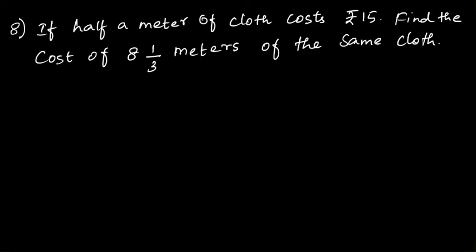8th question. If half a meter of cloth costs ₹15, find the cost of 8 1/3 meters of the same cloth. So we'll assume the cost of the cloth required to be x.